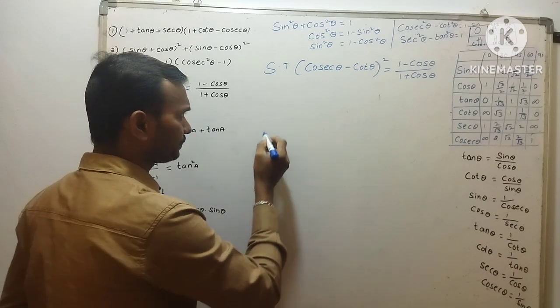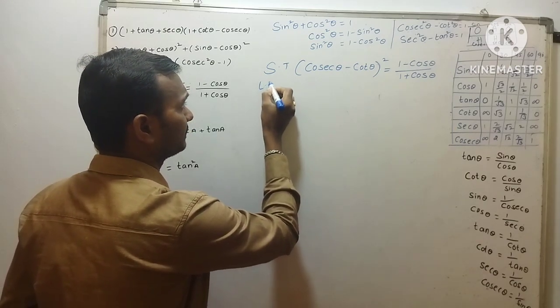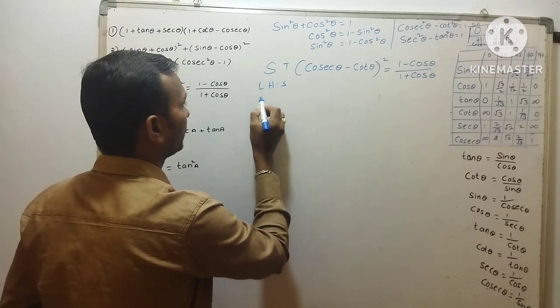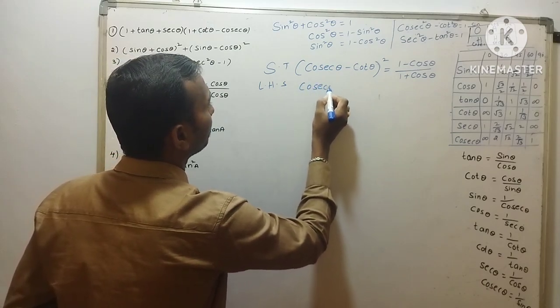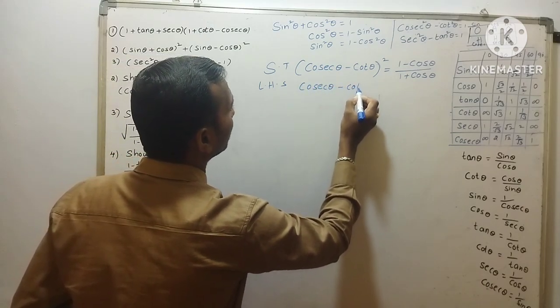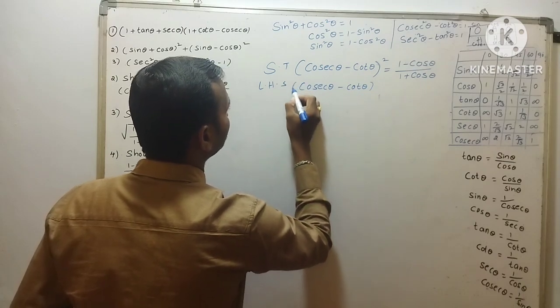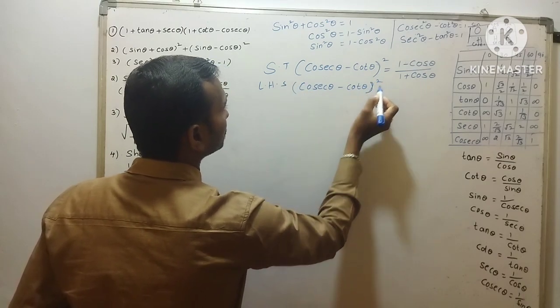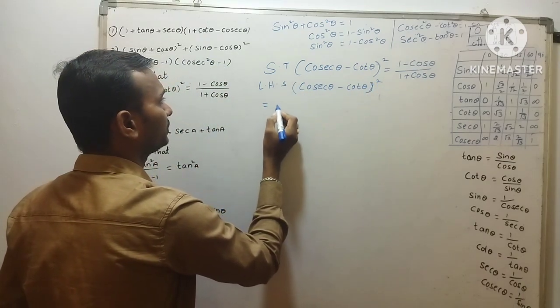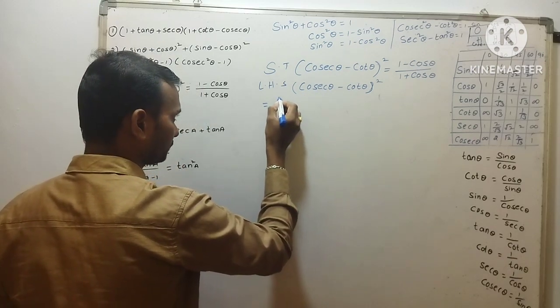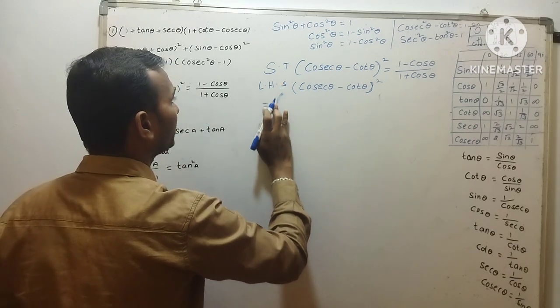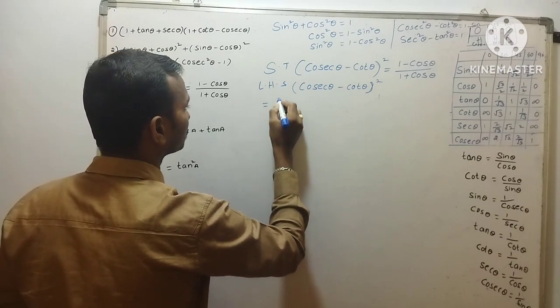So now what we have to do? First take the left hand side, LHS. So that is cosec theta minus cot theta whole square. First you see cosec theta is nothing but 1 by sin theta.